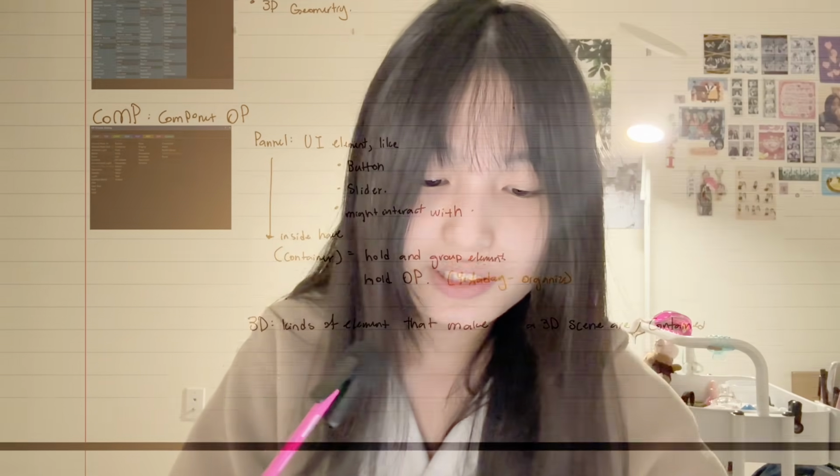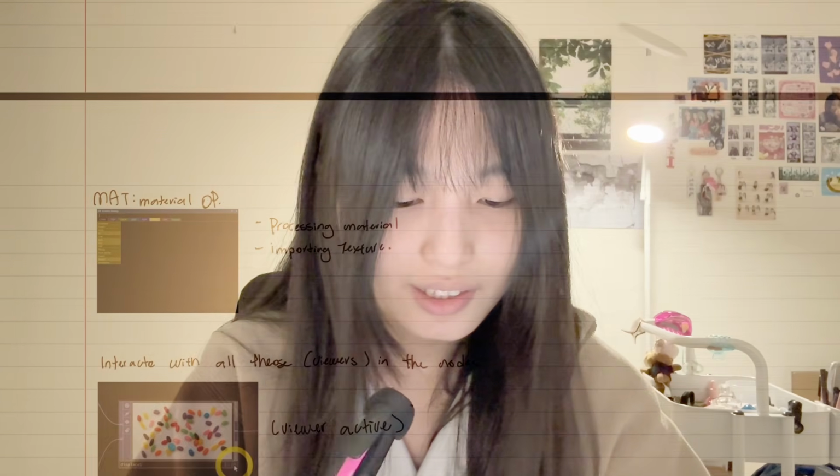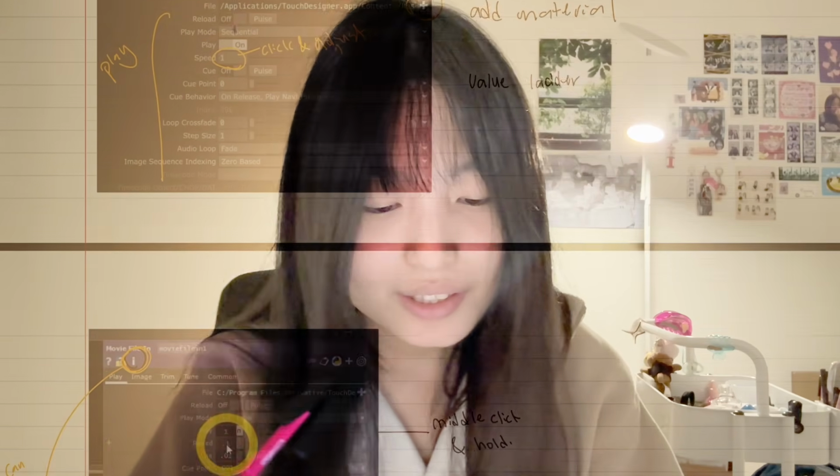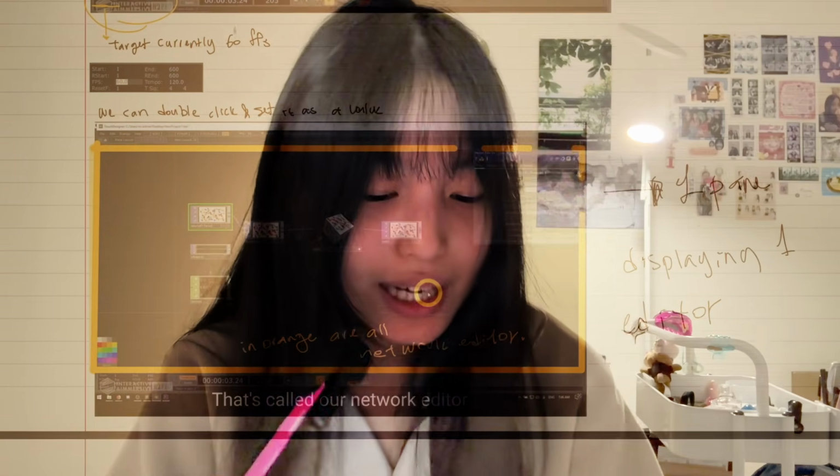I also learned about the parameters and the basic stuff about them, like the shortcut for opening and closing them, the P, and also how to adjust them, and where I can get the information, very basic I guess.